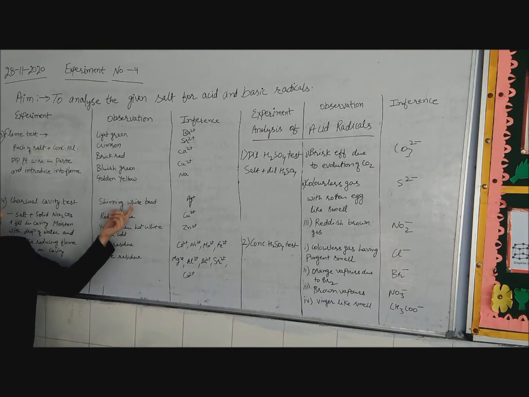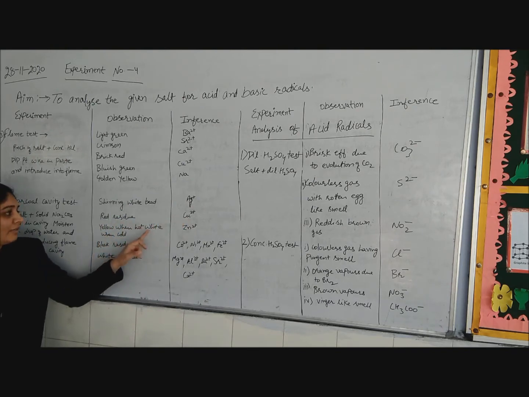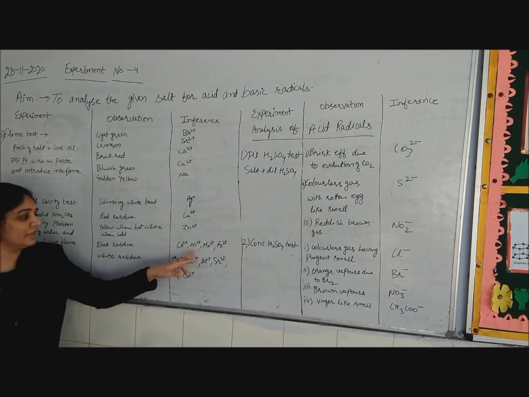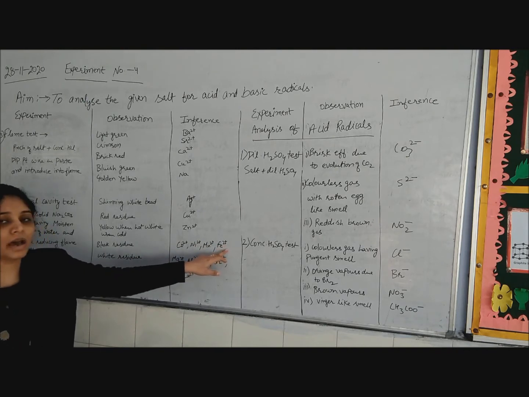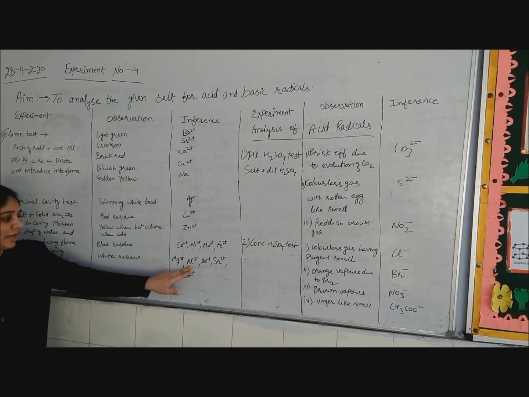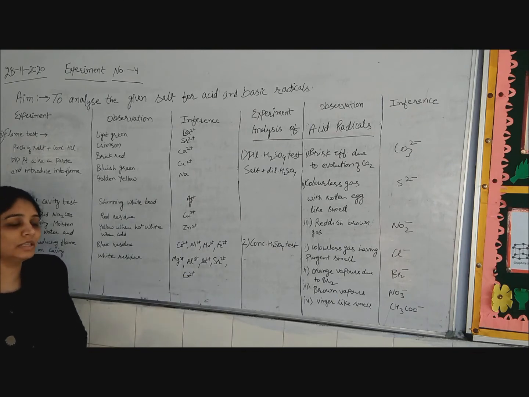If we observe a shining white bead, it is due to Ag positive; red residue, copper II positive; yellow when hot, white when cold, then it is zinc II positive. If it is a black residue, then it may be cobalt II positive, nickel, manganese and iron II positive ions. If a white residue is left, then magnesium, aluminium, barium, strontium and calcium II positive ions may be present in the inorganic salt.